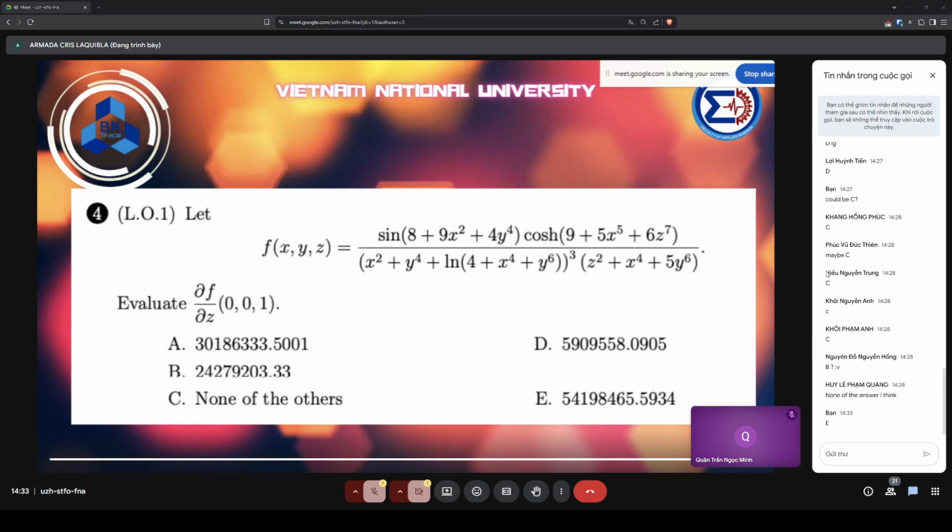Okay, no one? It's very easy, right? What is the derivative of the cosh? It's the sinh, sine with an h, right?